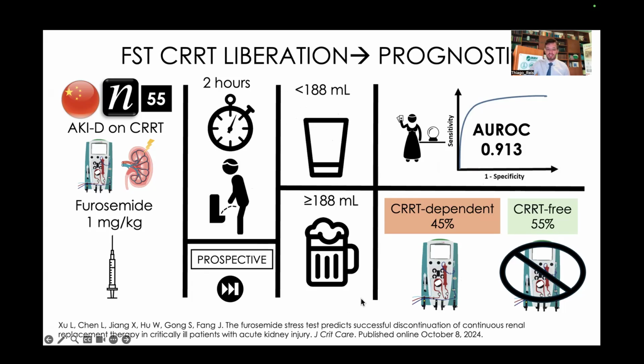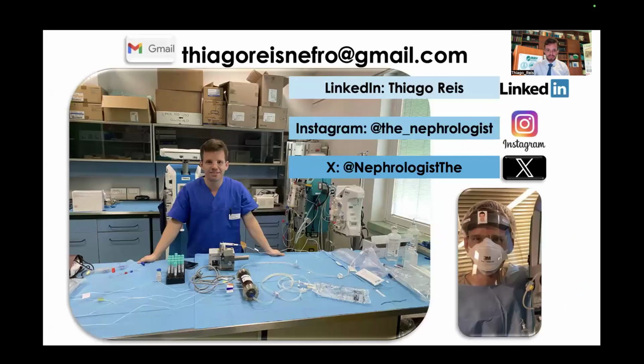Whereas patients that had a urinary output above 188 also had this discriminatory ability to predict that this patient will not require dialysis. So this is an elegant way to distinguish groups of patients that are either prone to still require dialysis in the following days or are likely to recover partially kidney function.